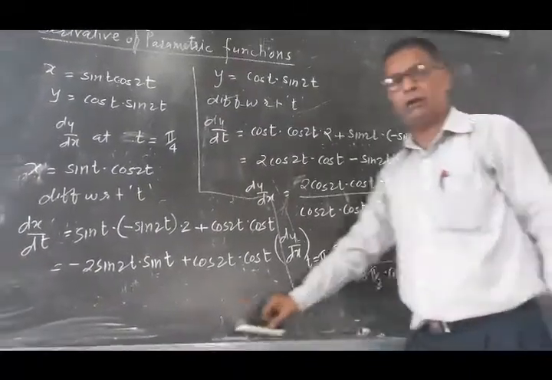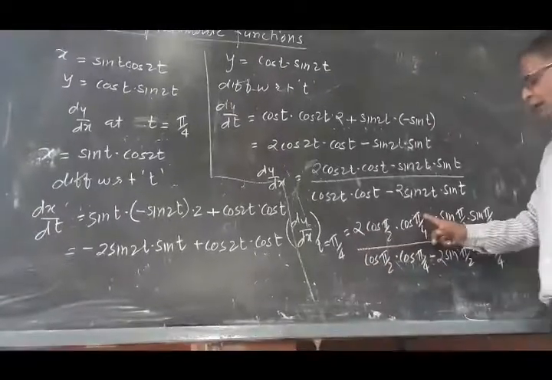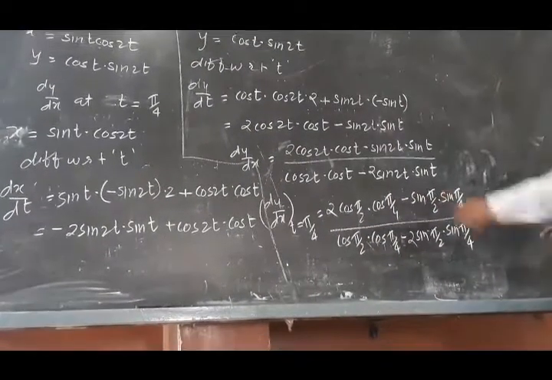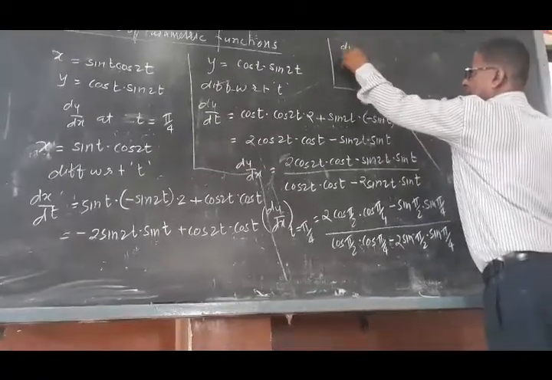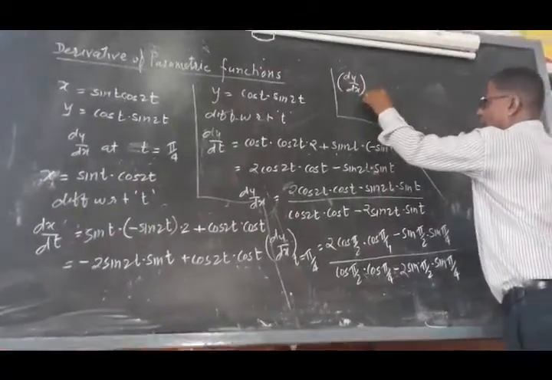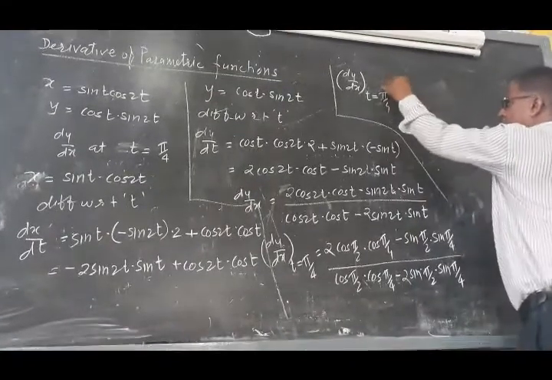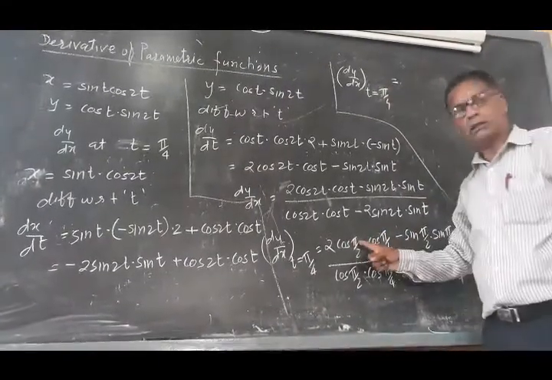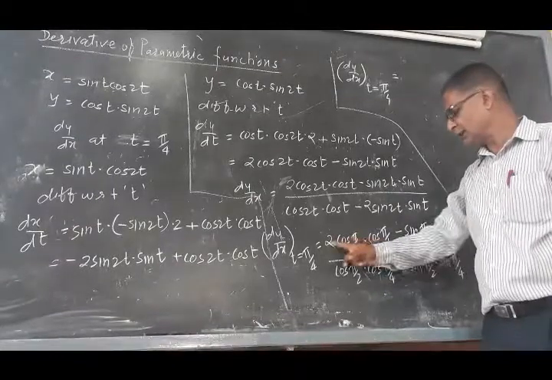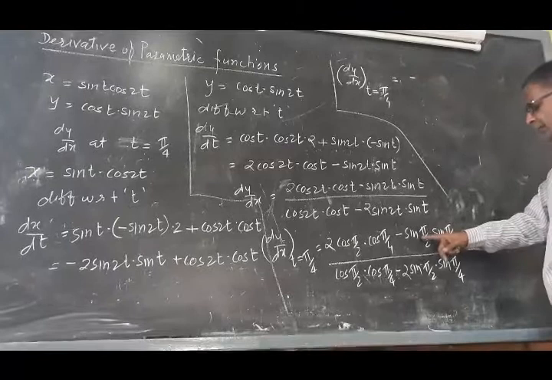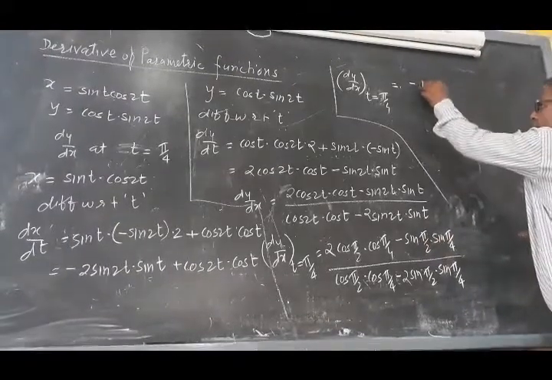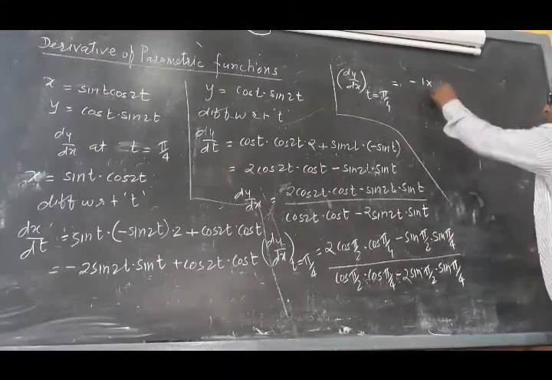Now if you are perfect with the corresponding values of trigonometric functions, then I can directly say what the value of dy upon dx is. Dy by dx at t is equal to pi by 4: cos pi by 2 is 0, so this part is completely 0. Minus sin pi by 2 is equal to 1, and sin pi by 4 is equal to 1 upon root 2.